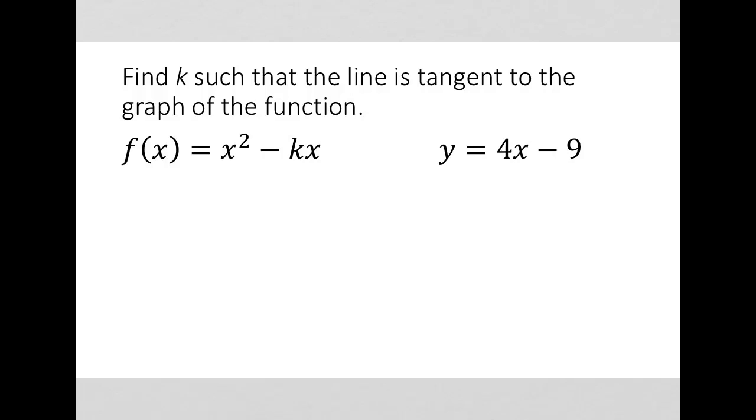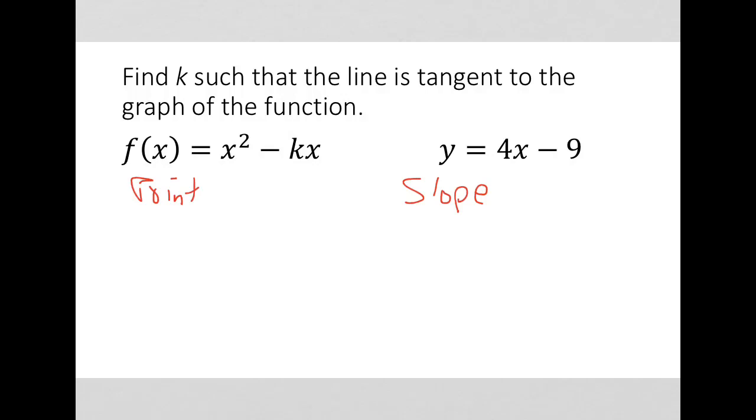But let's move forward. Let's make some progress. Let's look at a couple other types of problems. So we want to find k such that the line is tangent to the graph of the function. So we've got to remember the same two things as before. We need the point and we need the slope.